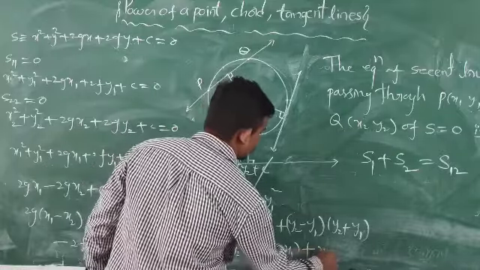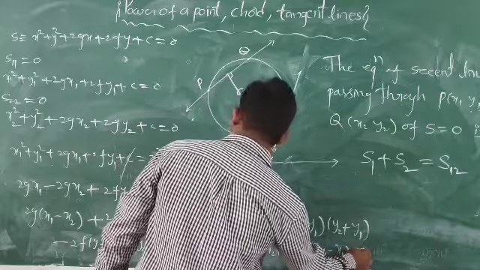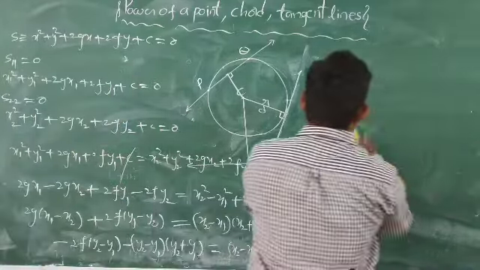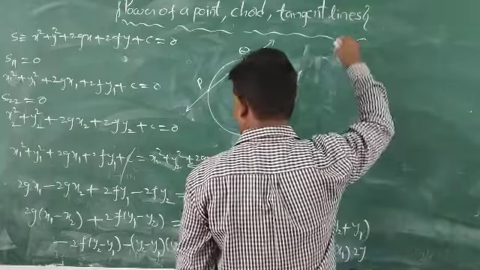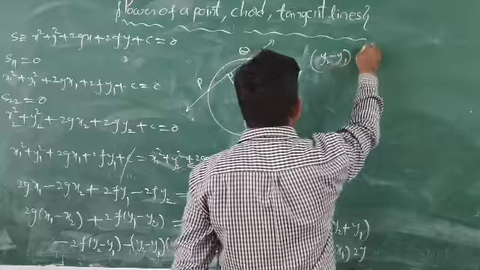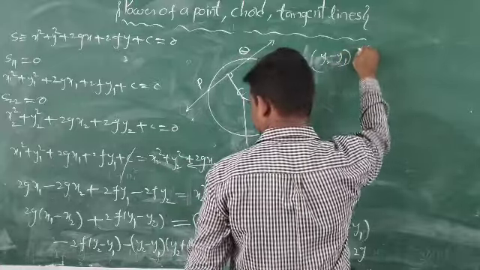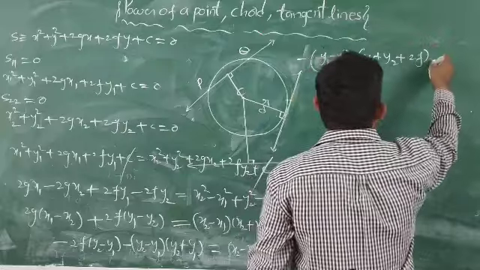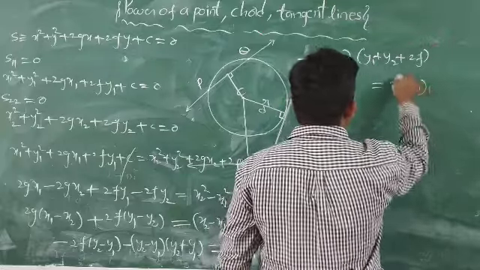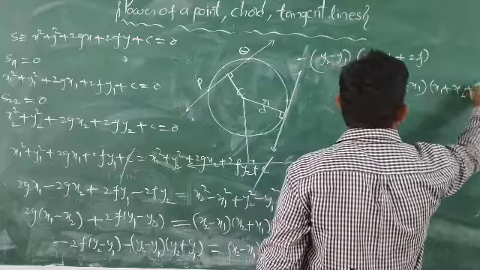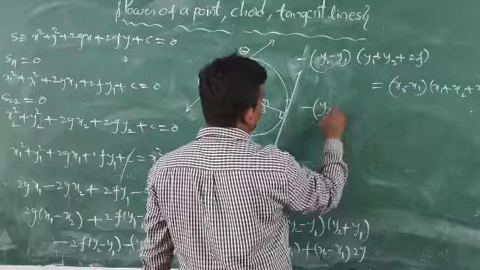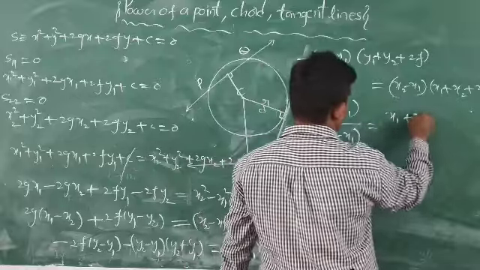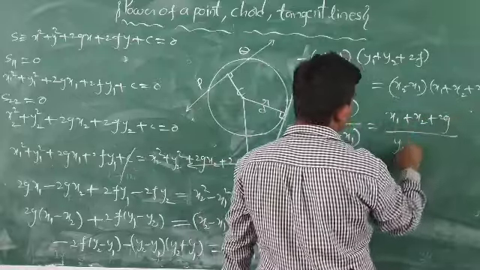And it becomes x2 minus x1 of 2g, and take y2 minus y1 as a common, and minus also here we have y1 plus y2 plus 2f, and equal to x2 minus x1 here x1 plus x2 plus 2g, and bring y2 minus y1 by x2 minus x1 equal to x1 plus x2 plus 2g by y1 plus y2 plus 2f.